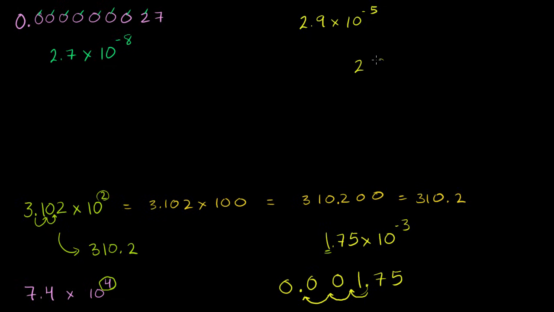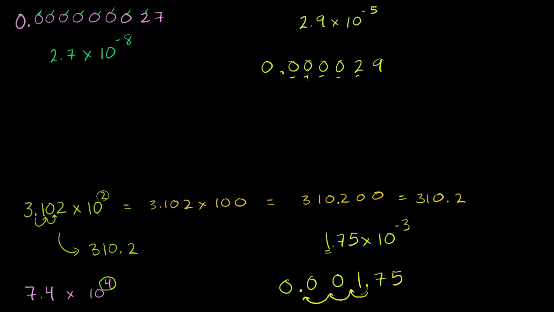So you have a 2 and a 9, and then you're going to have 4 more zeros. Because I'm counting this as 1, 2, 3, 4, 5 spaces behind the decimal, including the leading numeral.